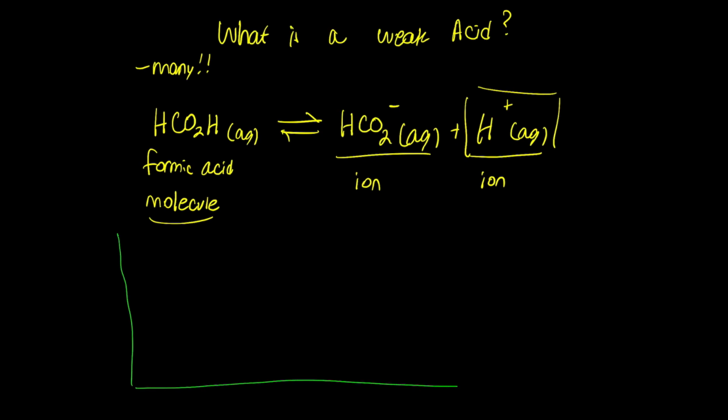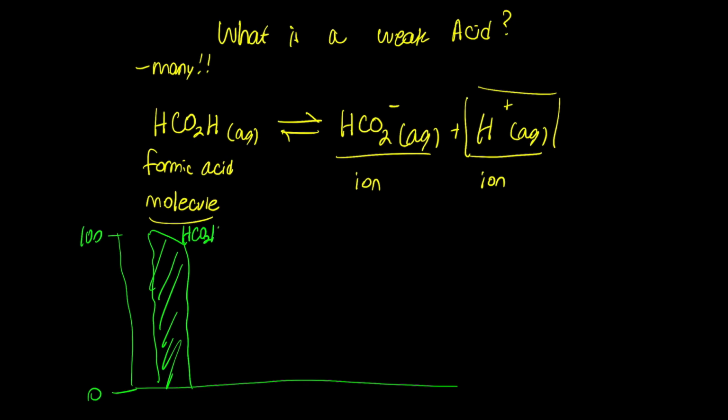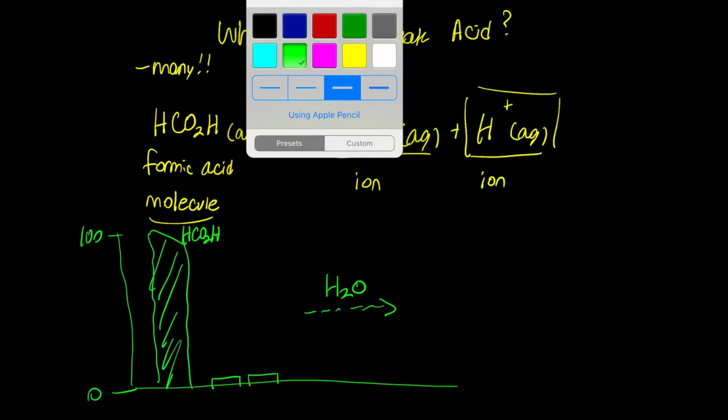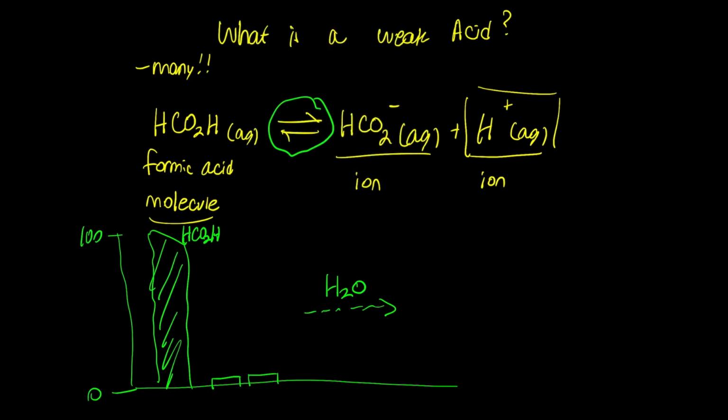So let's sketch out what's happening here as a chemical reaction. So initially we have 100% formic acid, and we don't have any of the ions present, not initially. And then we add water to this so that it begins to dissolve and react and ionize. Now, because it's at equilibrium, we know this because of this weird arrow notation, you're not going to form 100% of the ions.